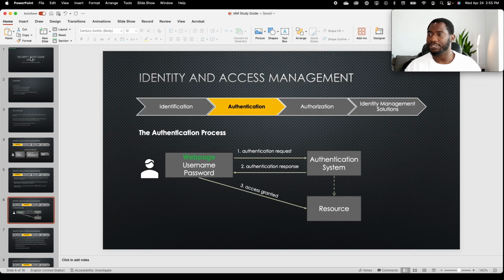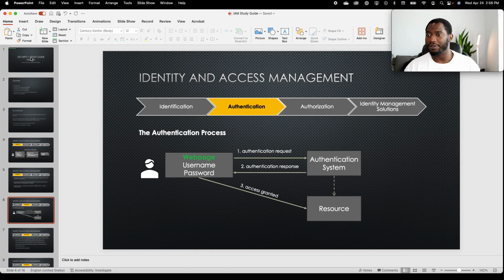and the authentication process is establishing or verifying that the credentials you are providing to the authentication system matches what has been stored within for your digital identity. So the first part of the process is to initiate a request.